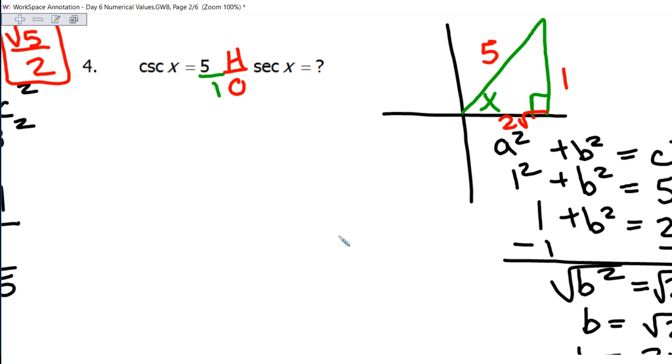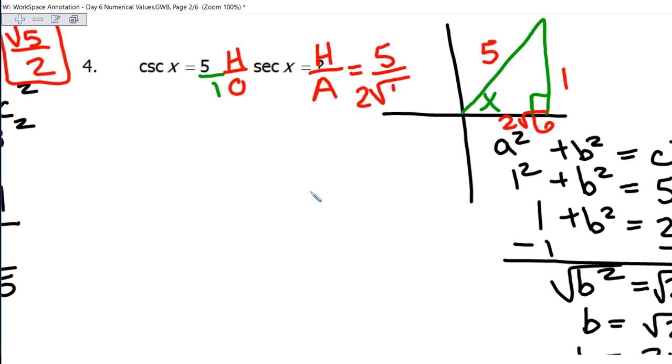And they're asking us for the secant. Well, secant is paired with cosine, and cosine is adjacent over hypotenuse. So this needs to be hypotenuse over adjacent. So for the hypotenuse, what would I use? 5 over 2 square root of 6.